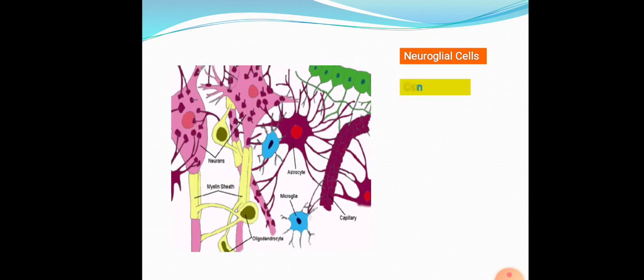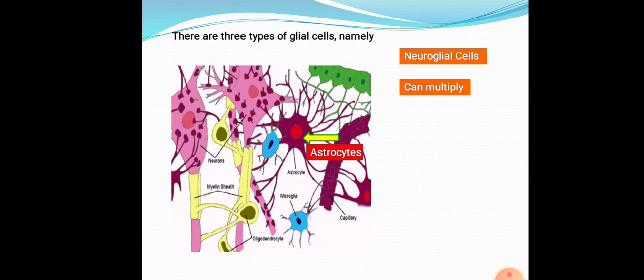Neuroglial cells can undergo multiplication, and there are three types of glial cells, namely astrocytes, oligodendrocytes, and microglial cells.